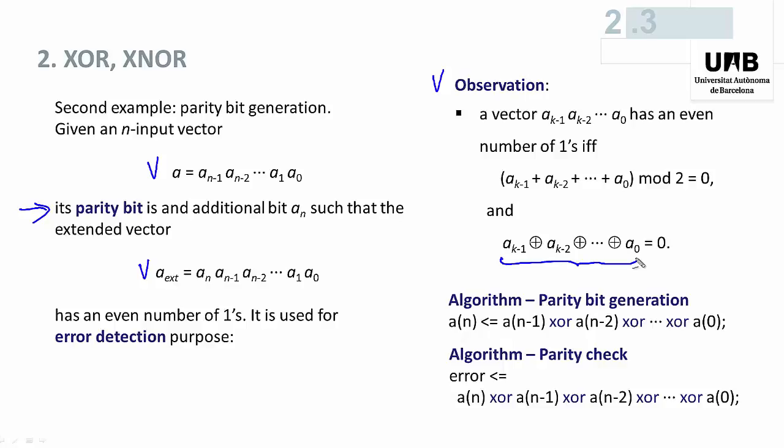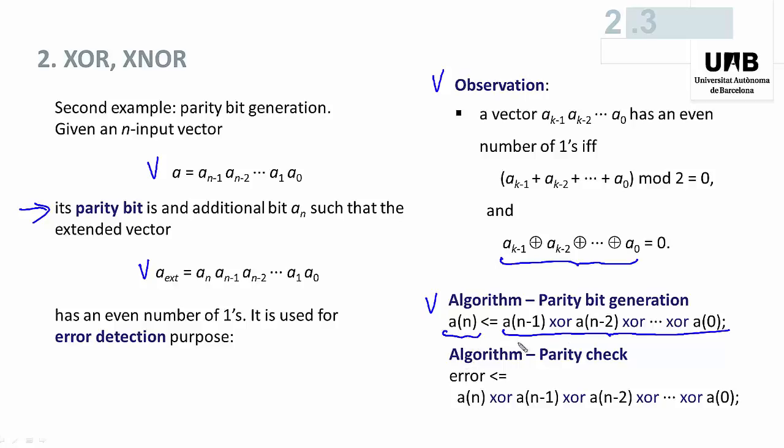Thus we can define two algorithms. One, to generate the parity bit. It's very simple. If we compute the XOR function of an-1, an-2, down to a0, if there is an even number of 1s, this XOR function will be equal to 0, so that the new bit an will be equal to 0.